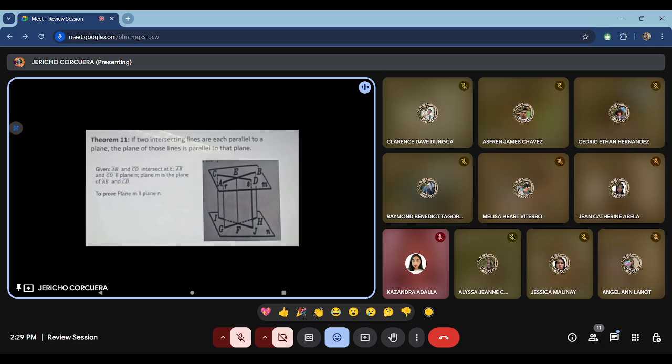The same goes for plane N, that GH and IJ are in, which are parallel to plane M, and they intersect, GH and IJ intersecting at point F. So the two intersecting lines AB and CD are parallel to GH and IJ.